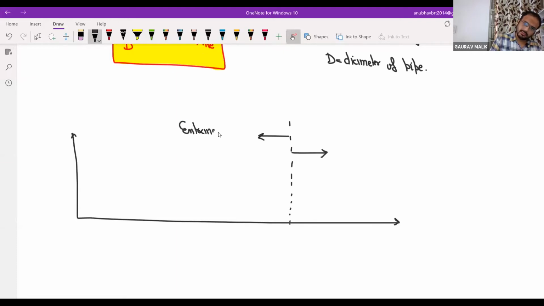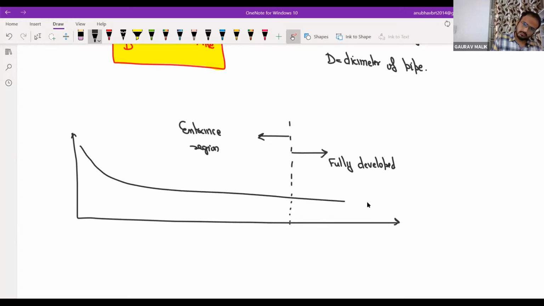Entrance region and fully developed. Up to this point, entrance region and then fully developed flow.